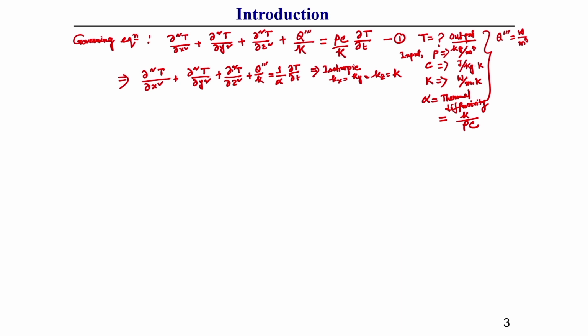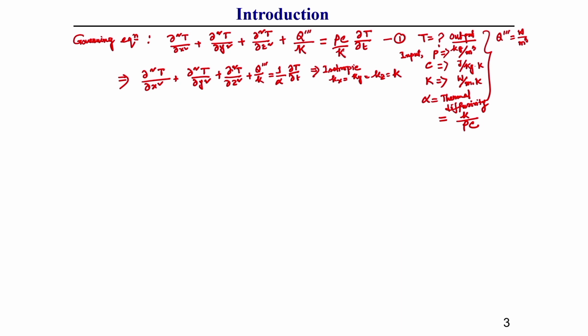So, from this equation itself you can get an idea of how the temperature is varying. If a material has high thermal conductivity, then the peak temperature rise will generally be less, because high thermal conductivity means the heat conducts very quickly, so the temperature rise for a particular heat input will decrease.